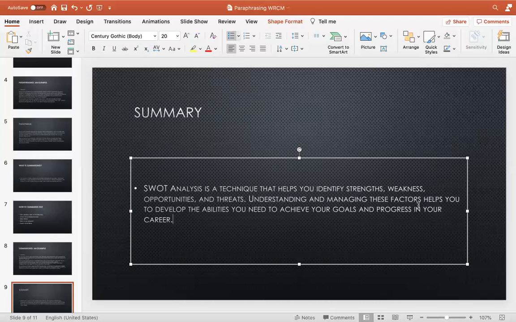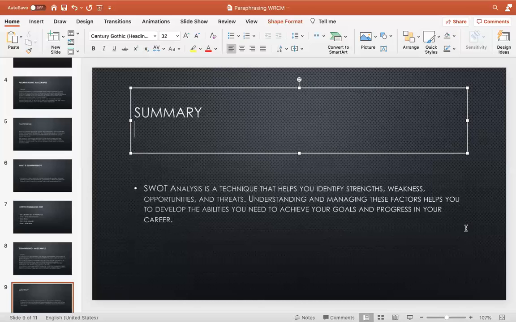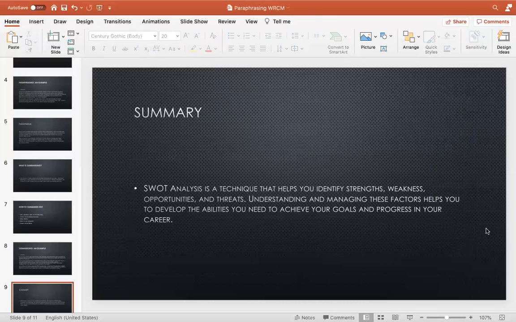Understanding and managing these factors helps you to develop the abilities you need to achieve your goals and progress in your career. Okay, so take care of the fact that when you write the summary of the original text, try to keep the original main idea of the text. Also, use your own expression throughout.